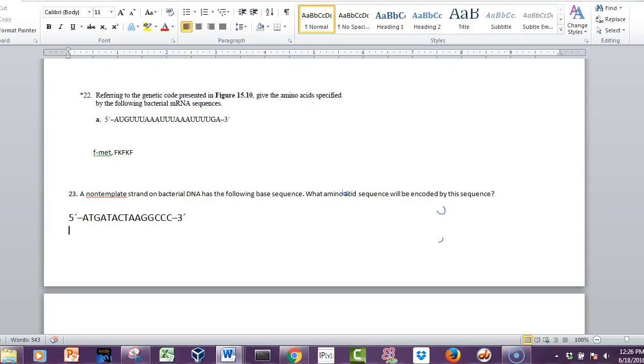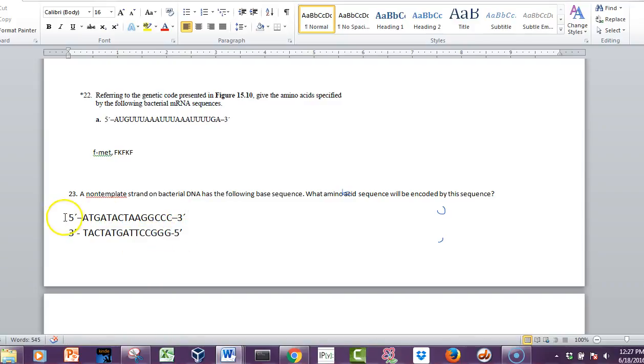So non-template strand is the one that we want, but the template strand would be this, but we don't really need that. All we need is this non-template strand. So template for transcription is what they're talking about.